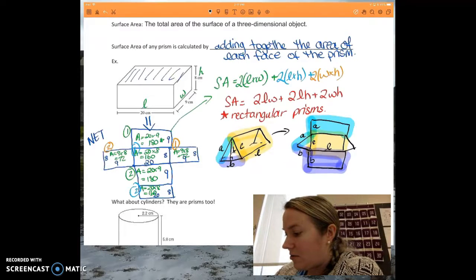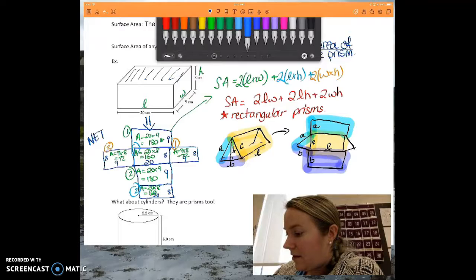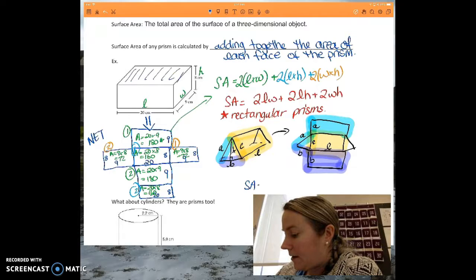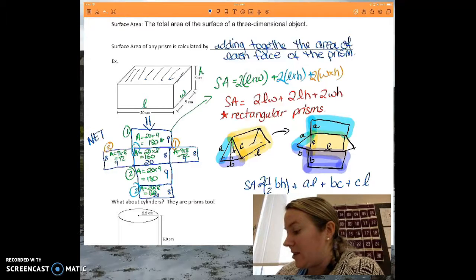So let's write out what the formula would look like. So we're going to have the triangles are 1/2 base times height. How many triangles do I have? I have 2 of them. Plus, I have 1 rectangle that's A times the length, plus 1 rectangle that's B times the length, plus 1 rectangle that's C times the length.